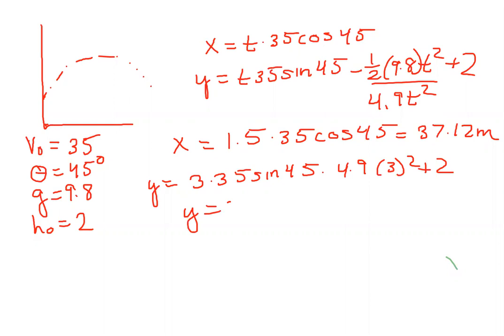So our vertical distance after 3 seconds is 36.15 meters. So this we can't put on our graph at the same time because we're looking at different times. So that's what we're working with.